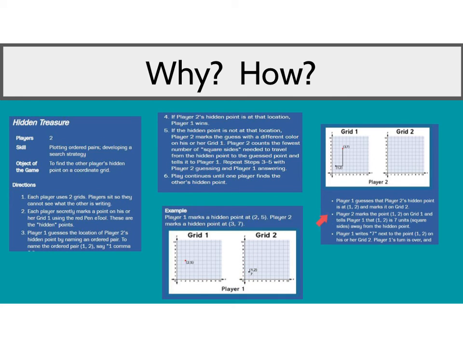Player 2 marks the point 1, 2 on grid 1 and tells the player that 1, 2 is 7 units away from the hidden point. So remember, the hidden point with the original one was 2, 5. The hidden point on this one was 3, 7. So if we count how many spots that is, that would be 1, 2, 3, 4, 5.